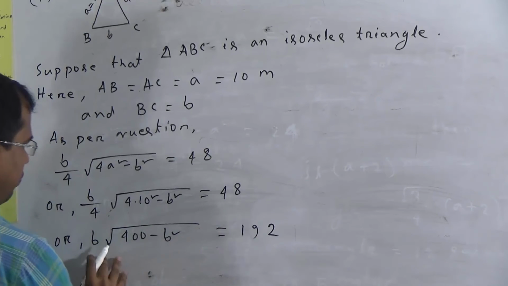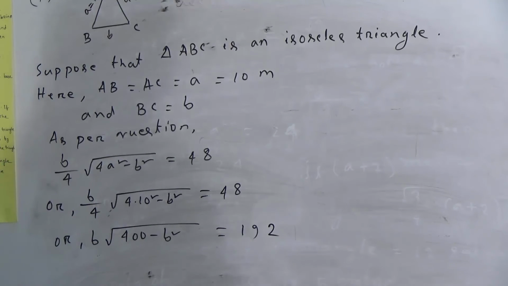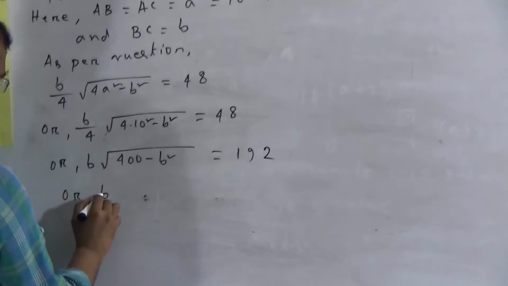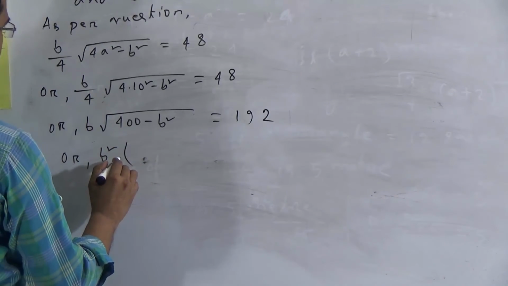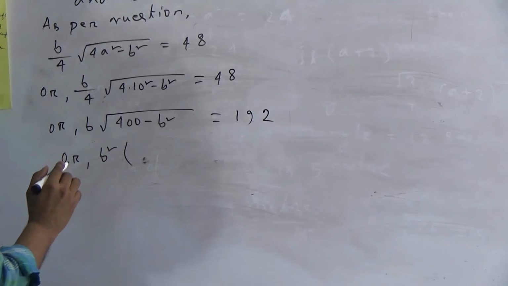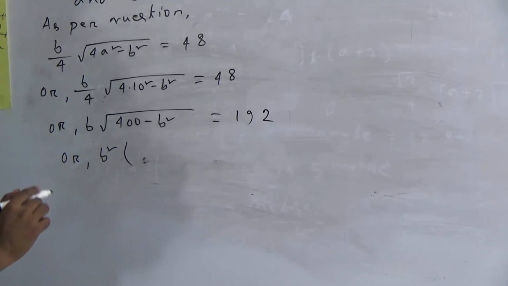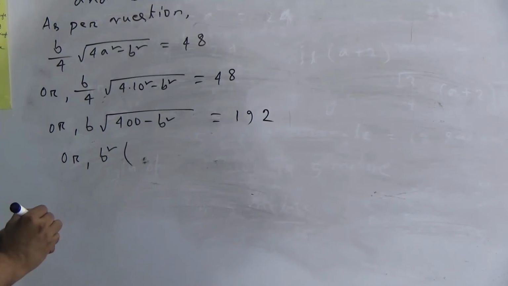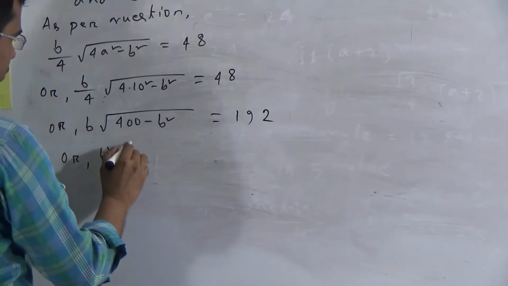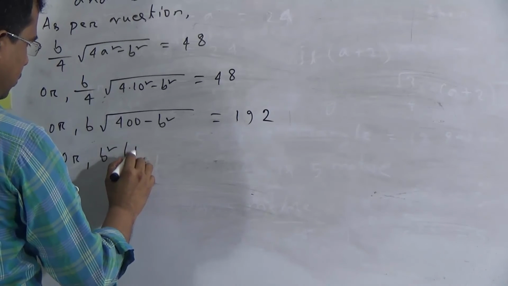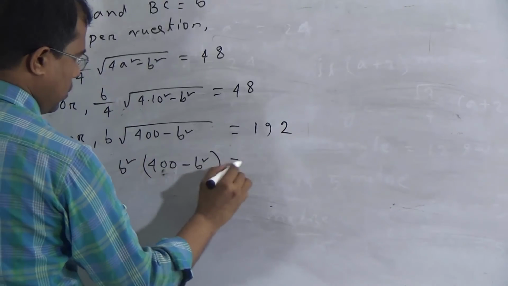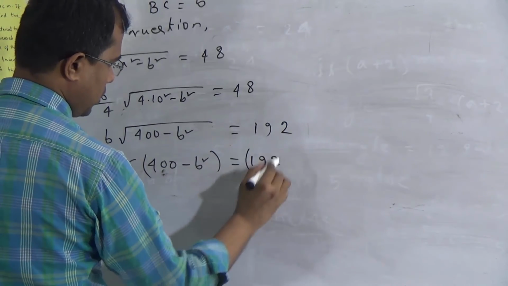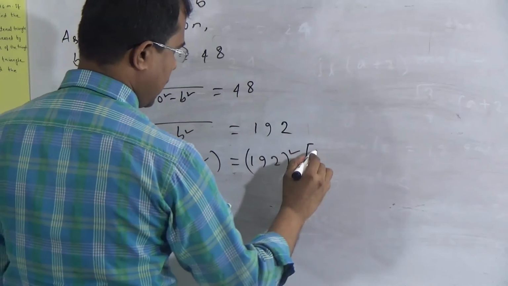We have to find out the value of B. So squaring both sides we can get, B square into (400 minus B square) is equal to 192 whole square, squaring both sides.